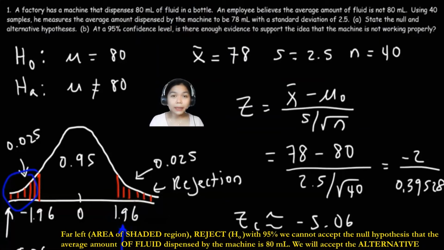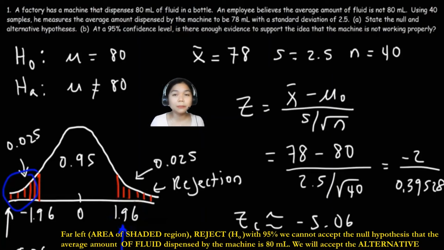An employee believes that the average amount of fluid is not 80 ml. Using 40 samples, he measures the average amount dispensed by the machine to be 78 ml with a standard deviation of 2.5. Now, we need to state the null and alternative hypothesis. B, at 95% confidence level, is there enough evidence to support the idea that the machine is not working properly?